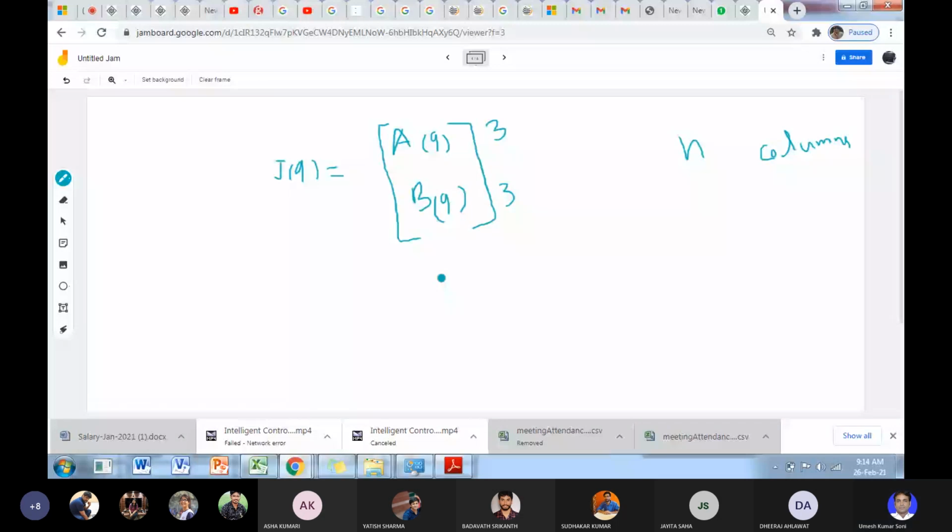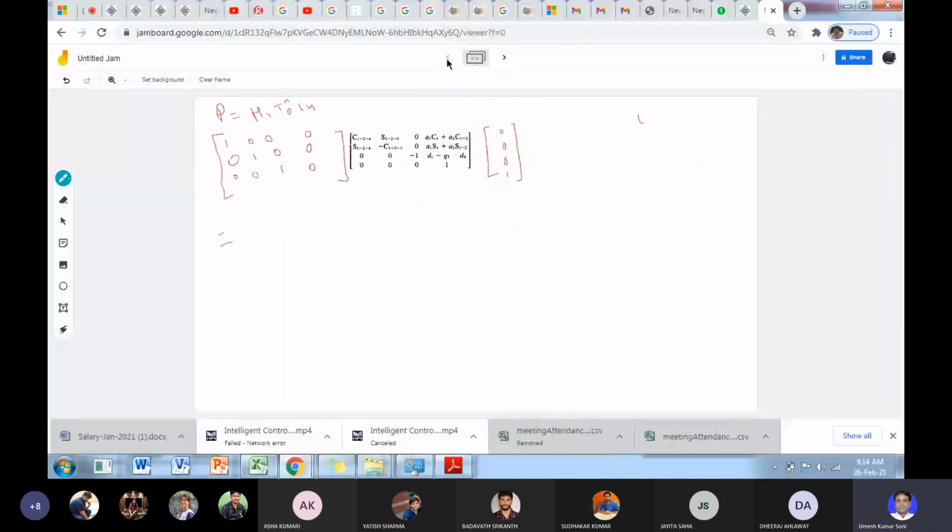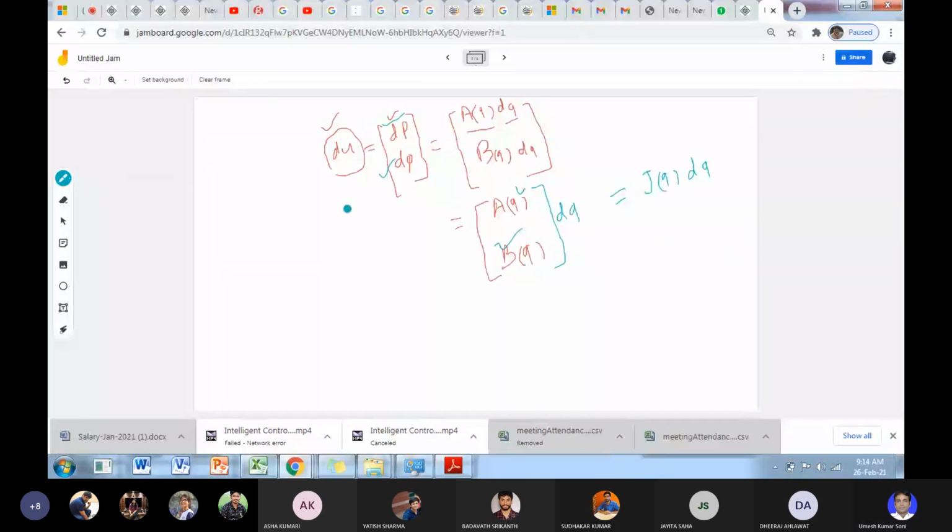Students, here you see that the complete displacement of a tool with respect to individual joint velocity in terms of the manipulator Jacobian is given by this equation. This is the infinitesimal change in the joint variable, and this is the small change in the tool position.